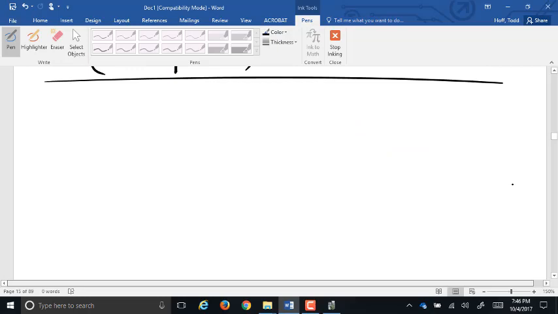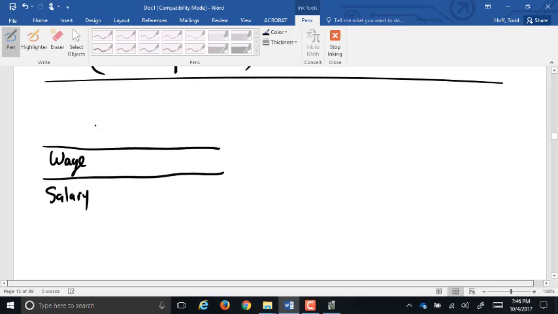Let's look at a company. In this company, we have two types of employees: hourly wage and salary. No Bob and Steve this time. We want to look at how they use their paid time off. So let's do sick or vacation.